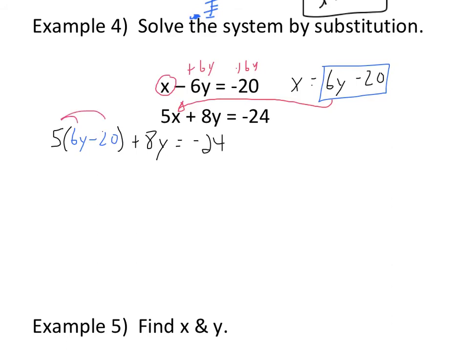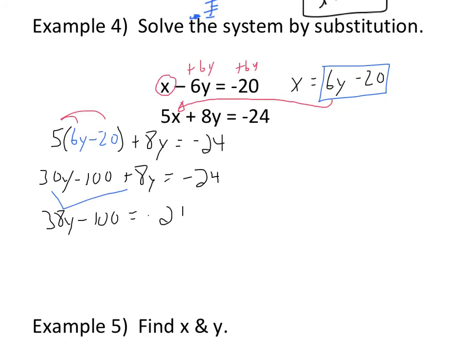We need to distribute, and we get 30y minus 100 plus 8y equals negative 24. Combine like terms, and we get 38y minus 100 equals negative 24.